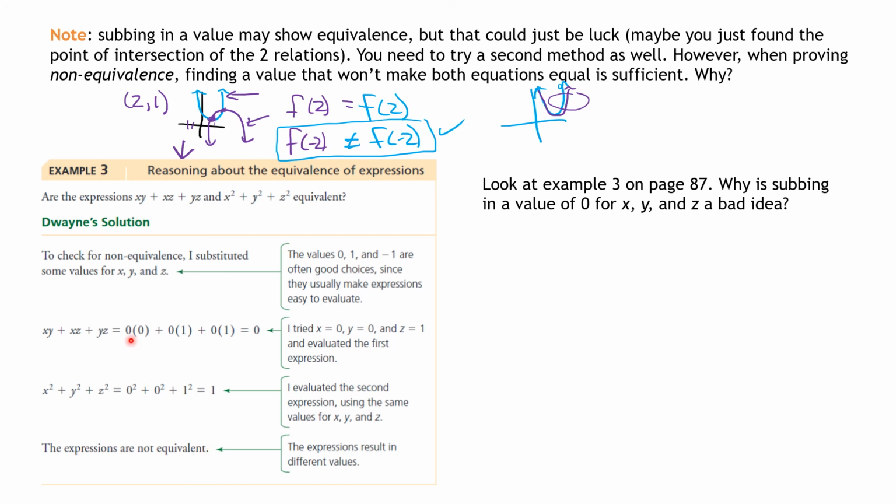They shouldn't even have used a 0 at all, because 0 turns everything into 0. It's a bad idea because zeros turn everything into zeros, and it might look like your functions are equivalent, but they're not, just because you got everything to equal 0.